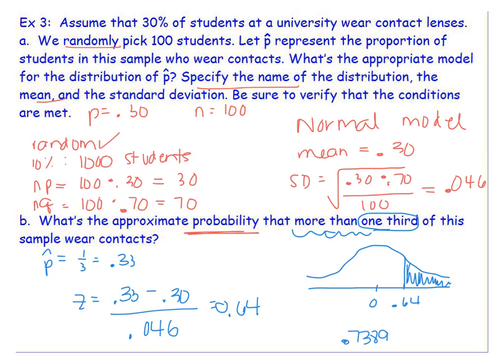But because the blue sheet only shades to the left, we need to take 1 minus that answer to get the answer that we want. If you type that in your calculator, I end up with 0.2611. So that's our probability that more than 1/3 of this sample wear contact lenses.